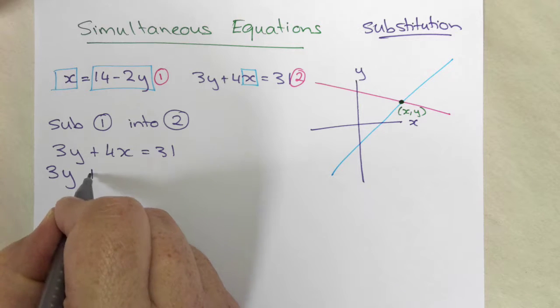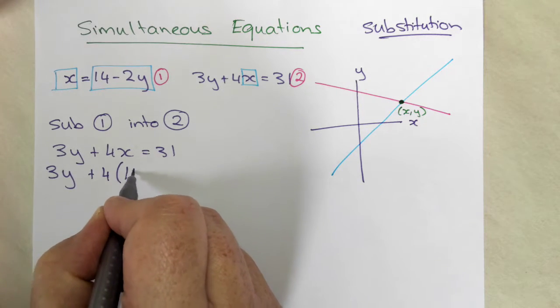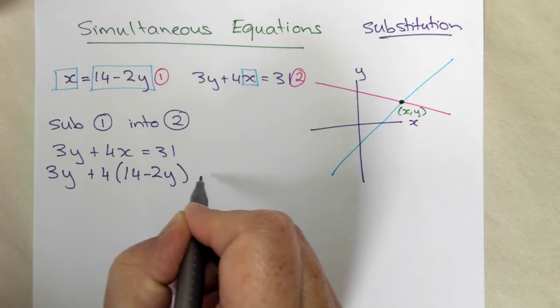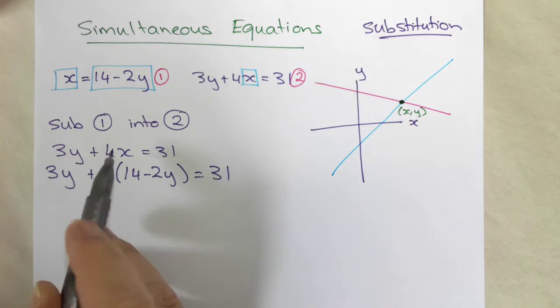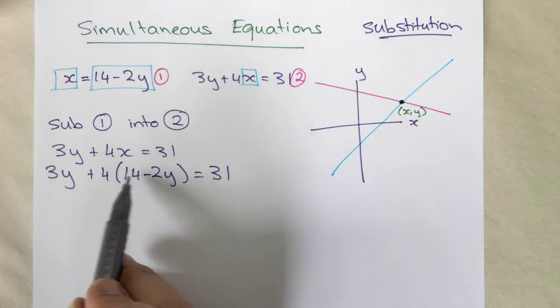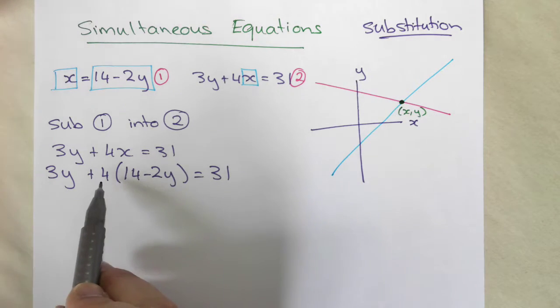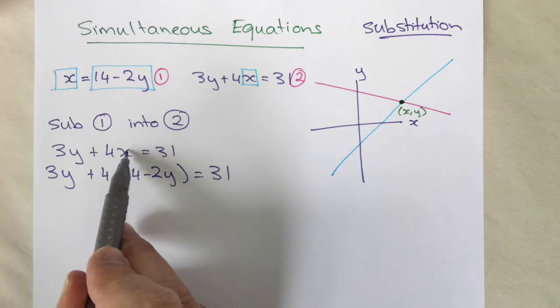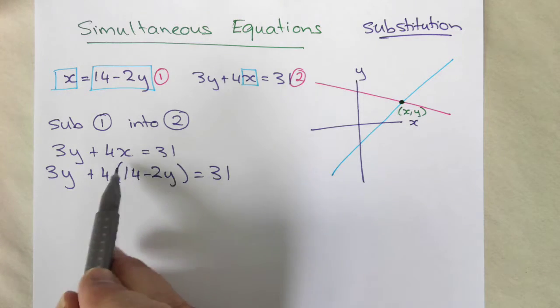So 3y plus 4 bracket 14 minus 2y equals 31. Notice I've put the brackets around it because this says 4 times x, so we're doing 4 times the expression that's equal to x.